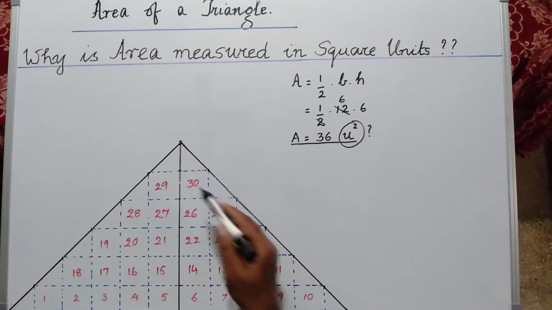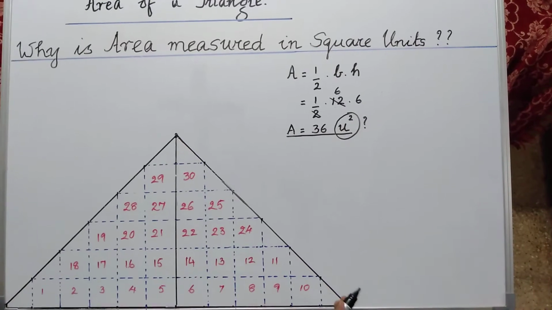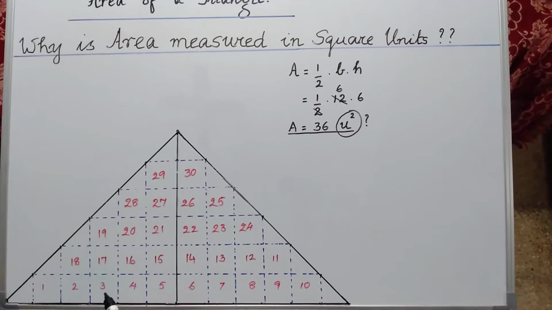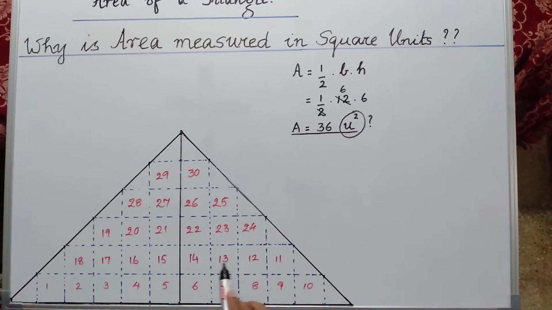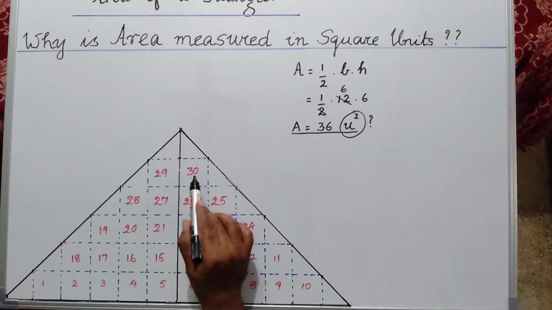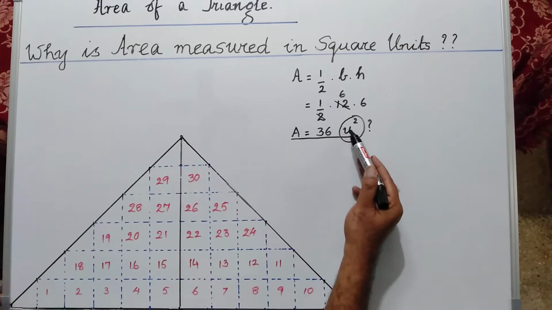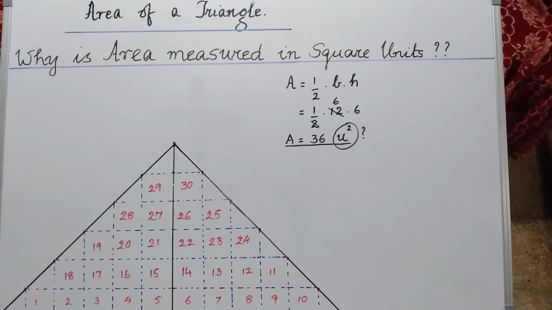The triangle I have divided into small unit squares. If you can see, I have numbered the squares also, starting from 1, 2, 3, 4, and the last square that I have is 30 here. But the answer is 36 unit squares. Where are the remaining squares?